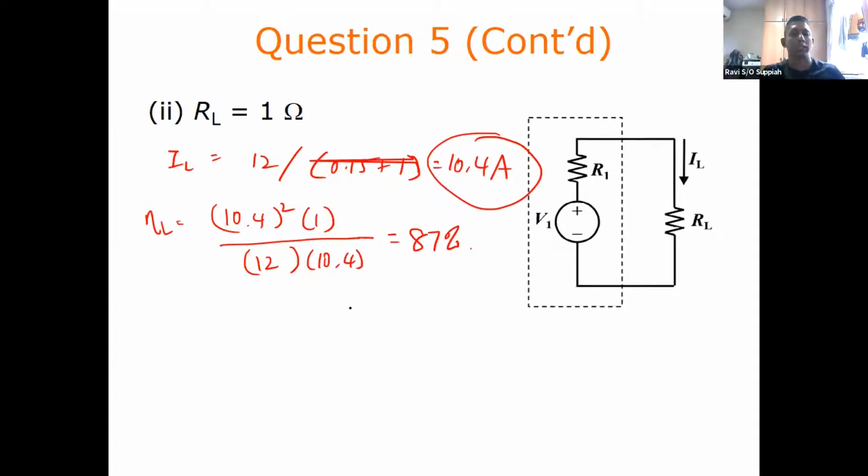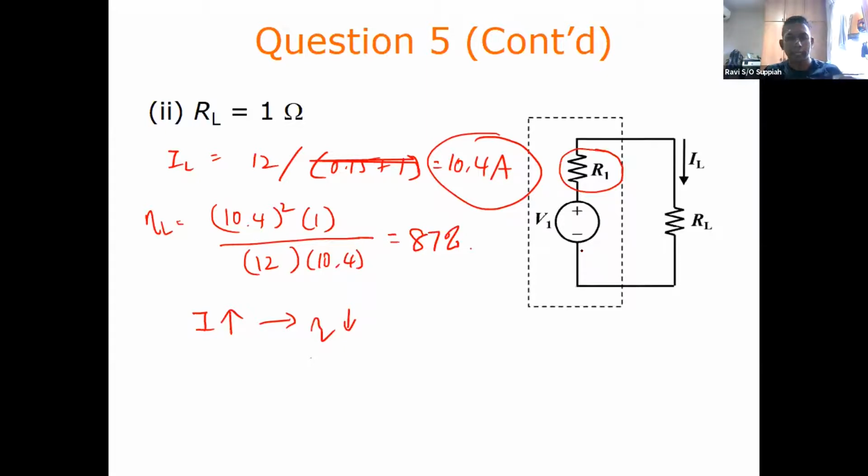And why is that so? Because when the current goes up, the overall efficiency drops because of the internal resistance. More power is lost due to the internal resistance.